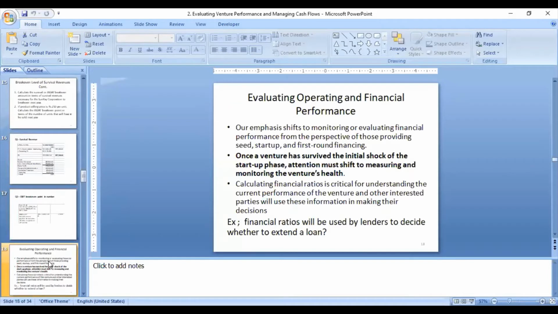Now the next part is actually using the ratios. In addition to that, we can measure the performance at the early stages. Once the venture has survived the initial shock of the startup phase, attention must shift to measuring and monitoring the venture health.